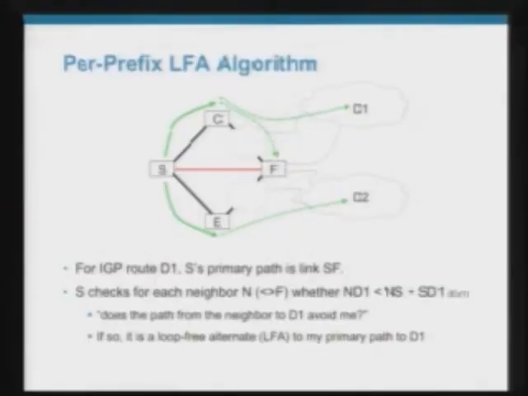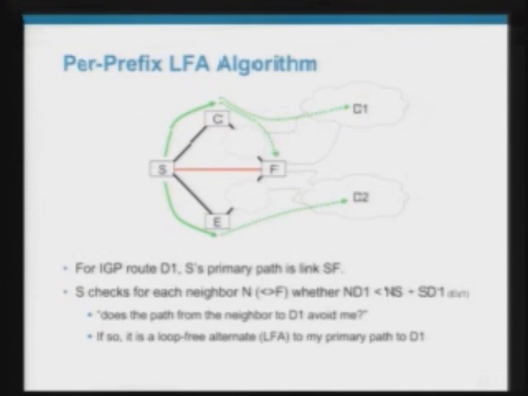Again, given the issues and complexities of maintaining all the various fast reroute tunnels, there's been a desire to have the routers just figure out an alternate by themselves and send things along the alternate path.